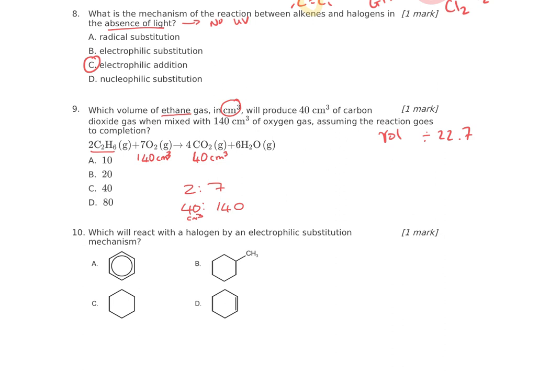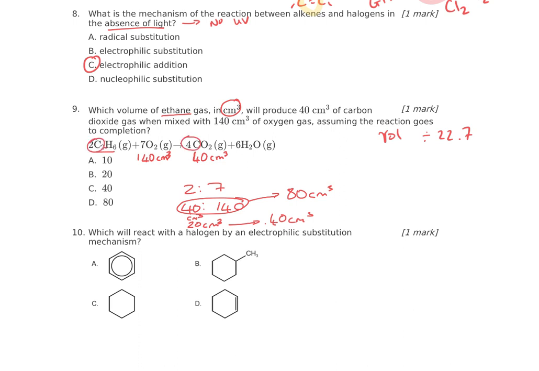So we would need at least 20 centimetres cubed to make 40 centimetres cubed. Okay, we can do this ratio, but it would make 80 centimetres cubed, because 40 times 2.